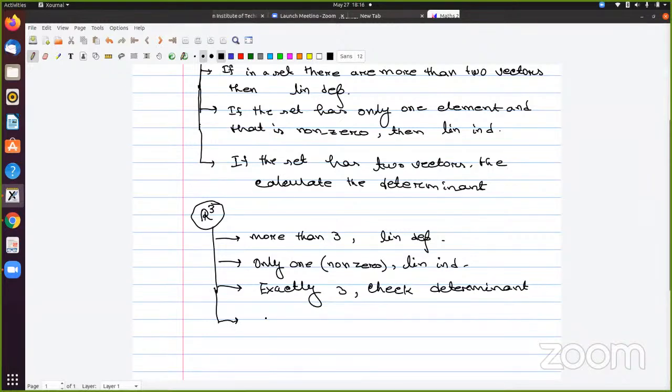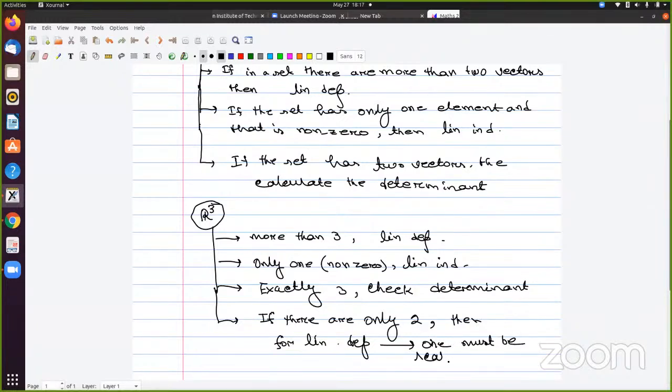And if there are only 2, then for linear dependency one must be a scalar multiple of the other.